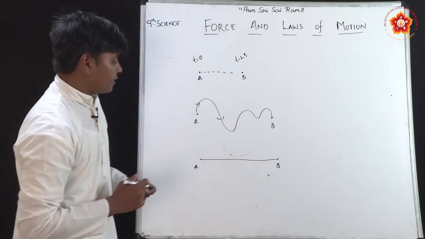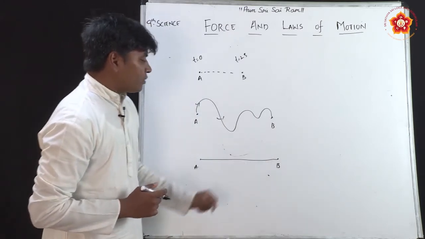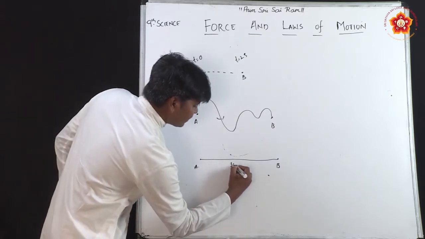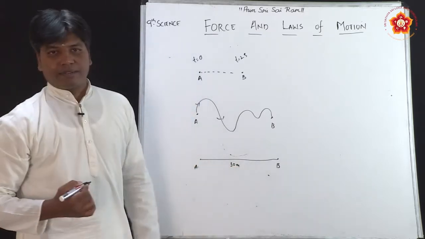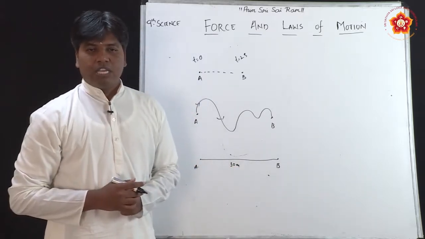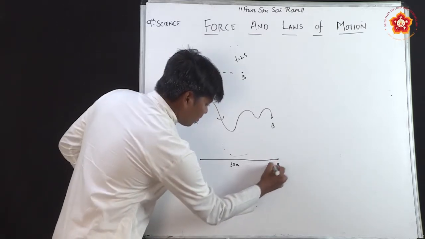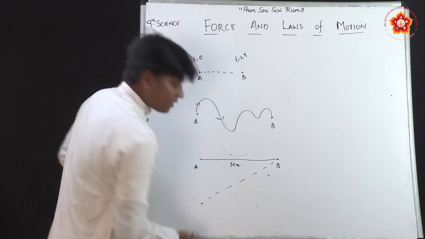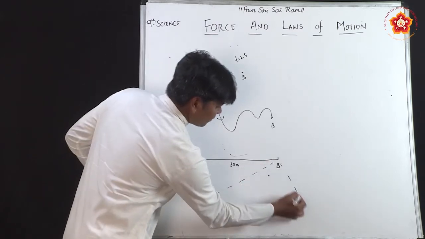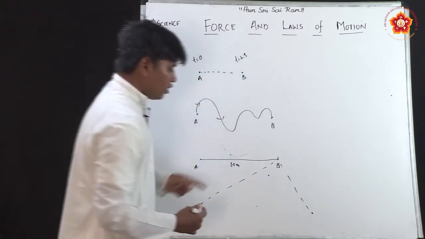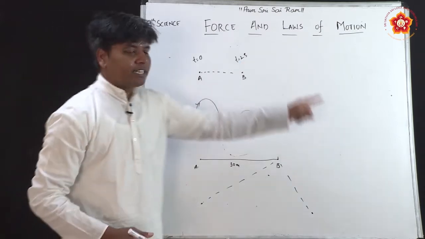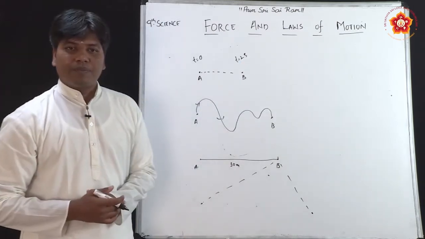If you say my house is 30 meters away from here, if you just say 30 meters, what does it imply? It can go 30 meters here, it can go 30 meters here. So you have a radius of 30 meters wherever you can go.